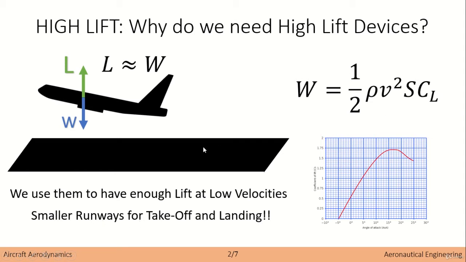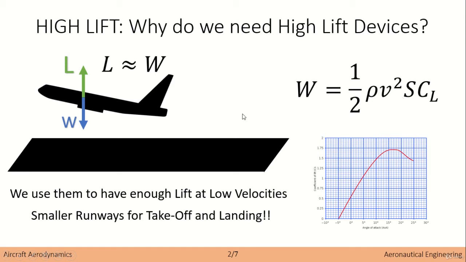This is just the idea. So my answer would be this: why do we need high lift devices? In order to have smaller runways, right? Because this would imply a higher coefficient of lift and therefore a lower velocity. And starting at a given point, we will actually be taking off at a smaller distance if our requirement is a lower velocity.